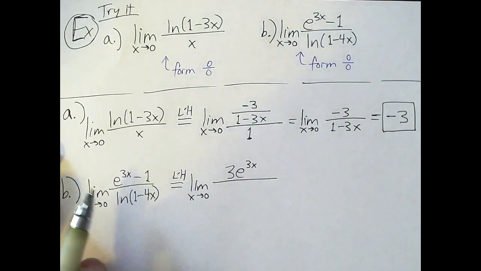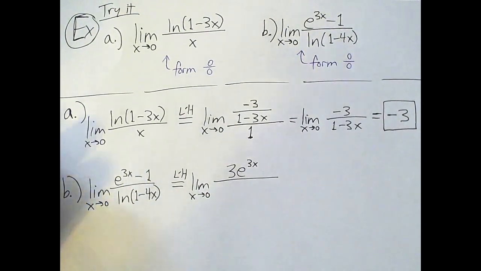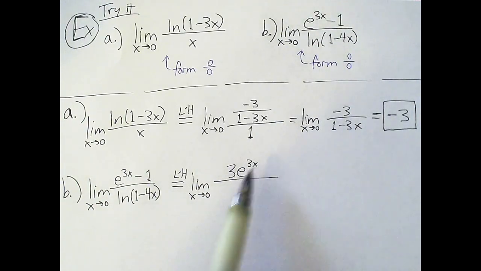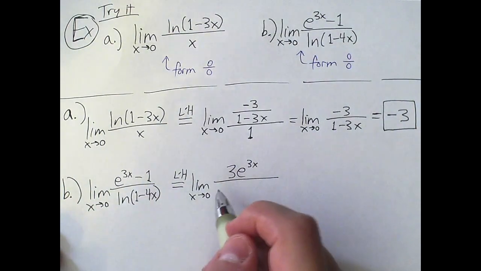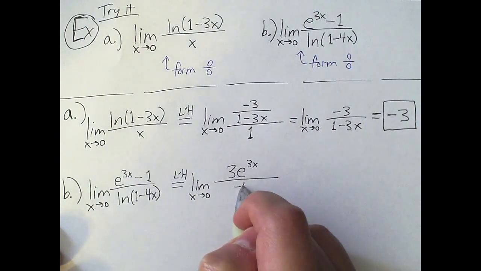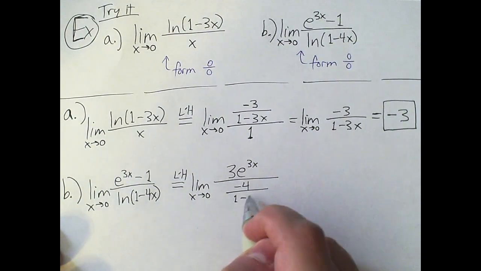That's a chain rule thing you might be able to do in your head. Because you say, if it was just e to the x, the derivative would be e to the x. So I'm going to have e raised to the inner function times the derivative of the inner function. Derivative of 3x is 3, so I just put it over here. Derivative of the bottom, chain rule, I get -4 over 1 minus 4x.